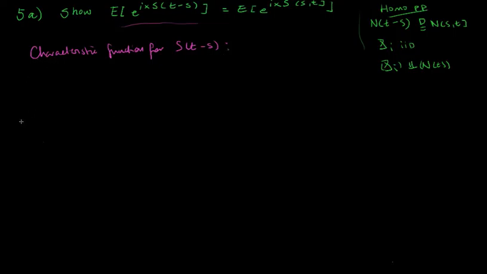And probably the easiest way to do that is just first calculate for S of t, because then we can just plug in the value t minus s afterwards. It's mostly just because then I don't need to write as much.